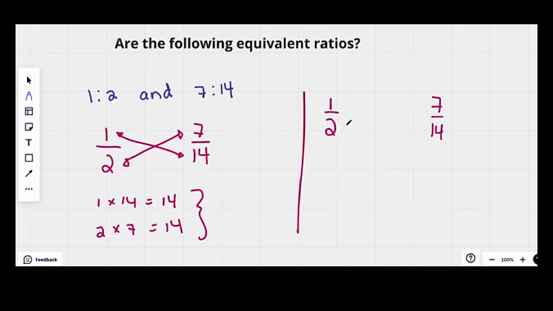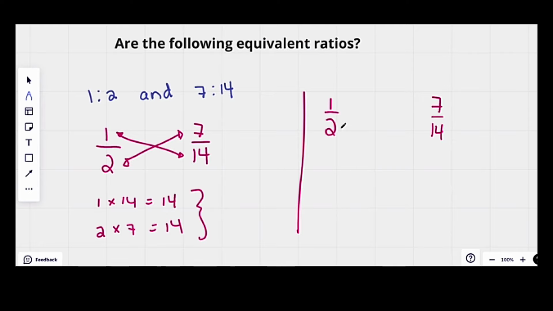And we technically have to look at this and say, is there a number that I can multiply this by that will give me a 14? And if I multiply that same number to the top, will it give me a 7?